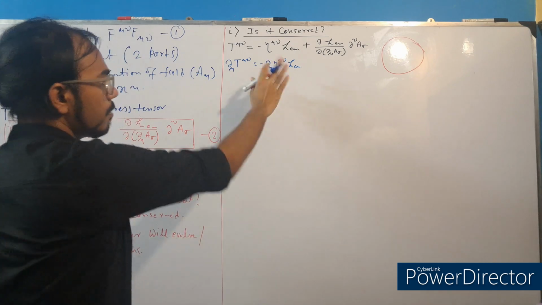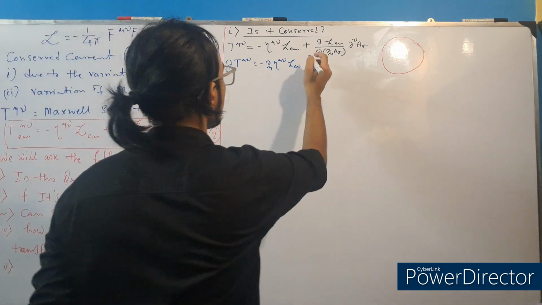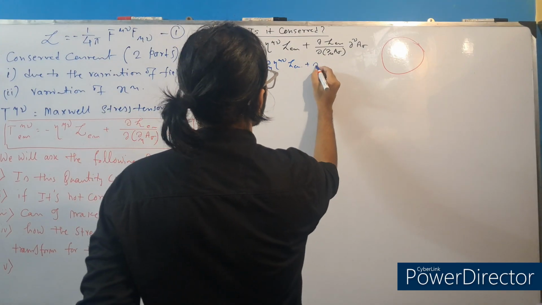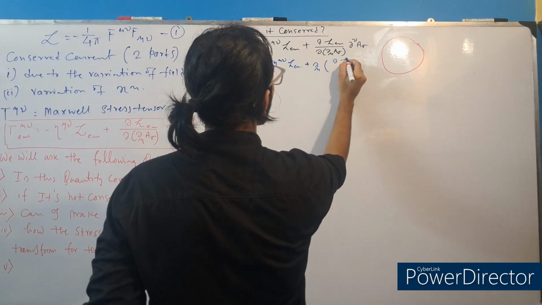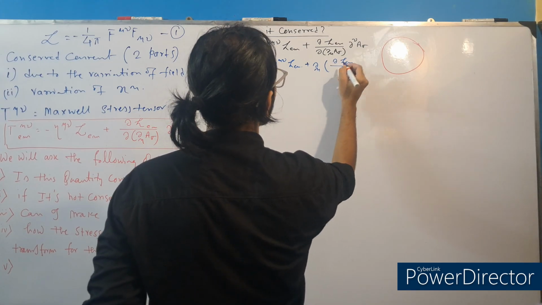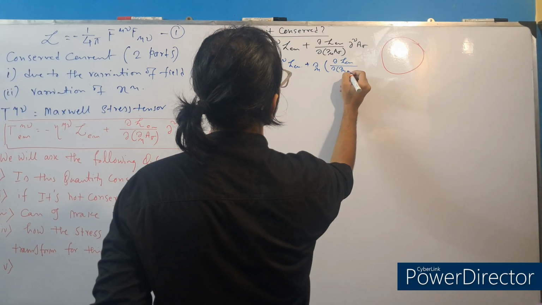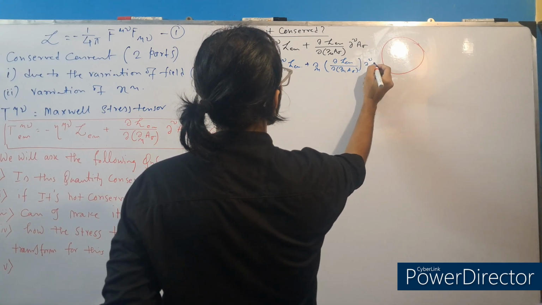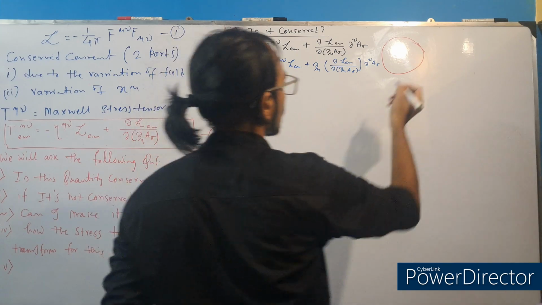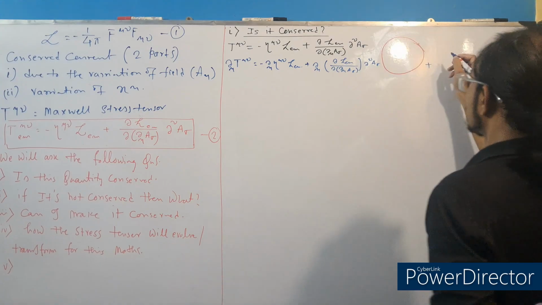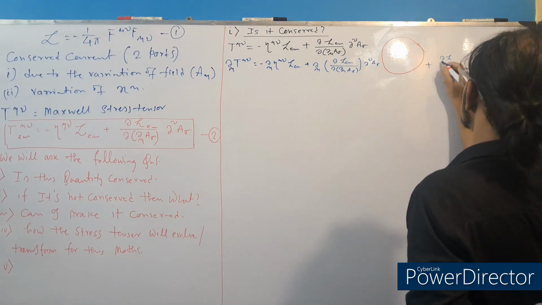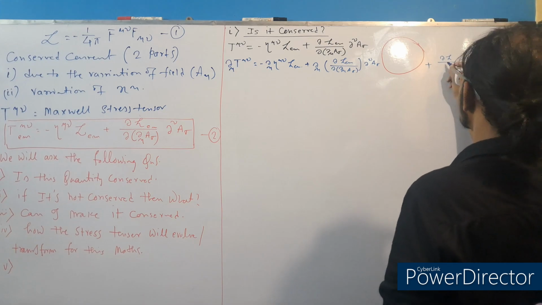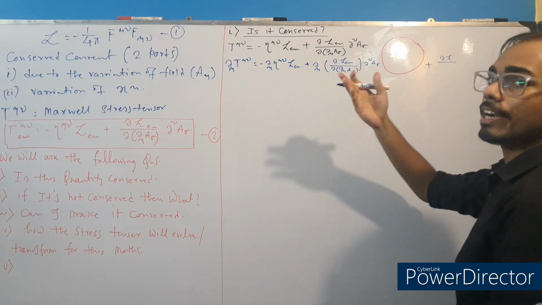I'll just keep my L_EM as it is: ∂_μ of L_EM plus ∂_μ of ∂L_EM over ∂(∂_μ A_σ) times ∂^ν A_σ, plus, this is just the normal derivative addition law.